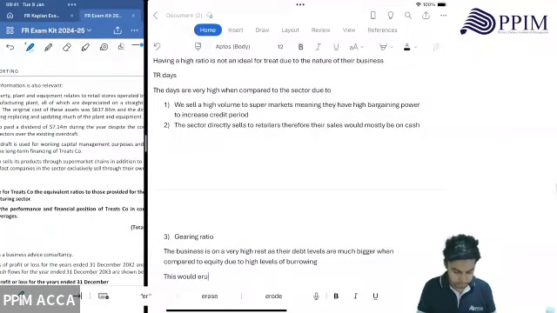This would result in high finance cost and low cash balances discussed above.